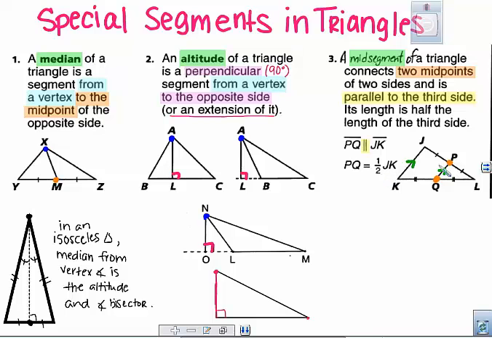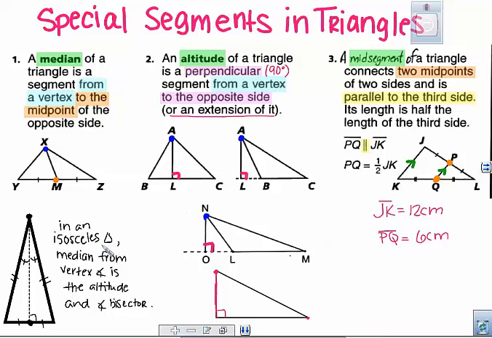You also should know that the mid-segment of a triangle is going to be half the length of that third side, the side that it's parallel to. It's going to be half that length. So for instance, if JK were 12 centimeters, PQ would be 6 centimeters, because PQ is half of JK.